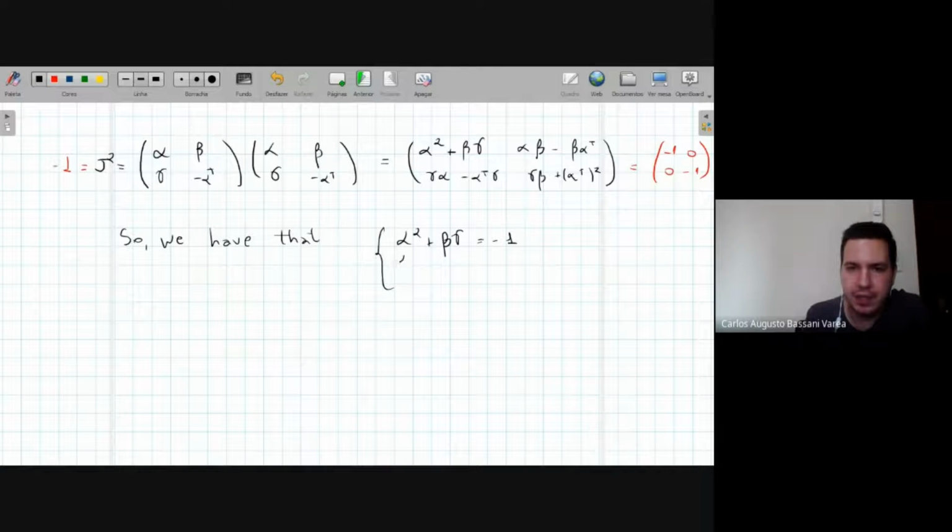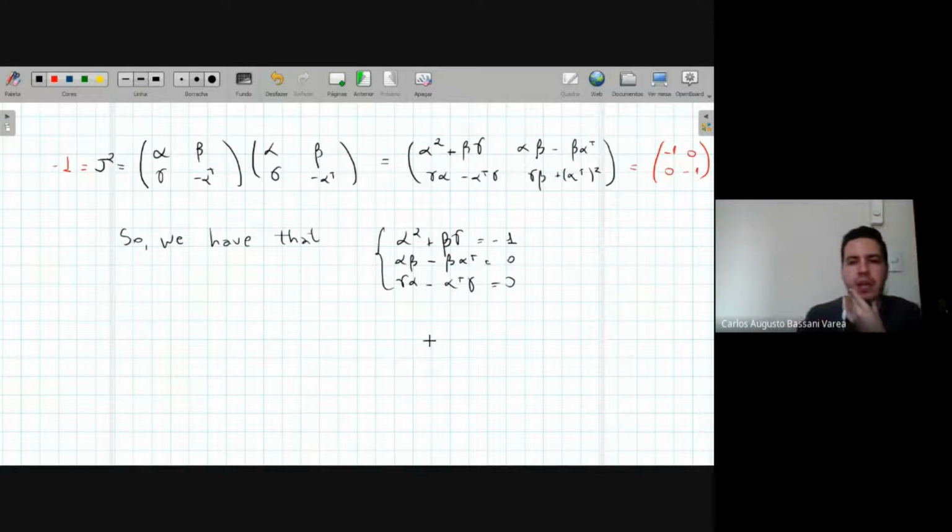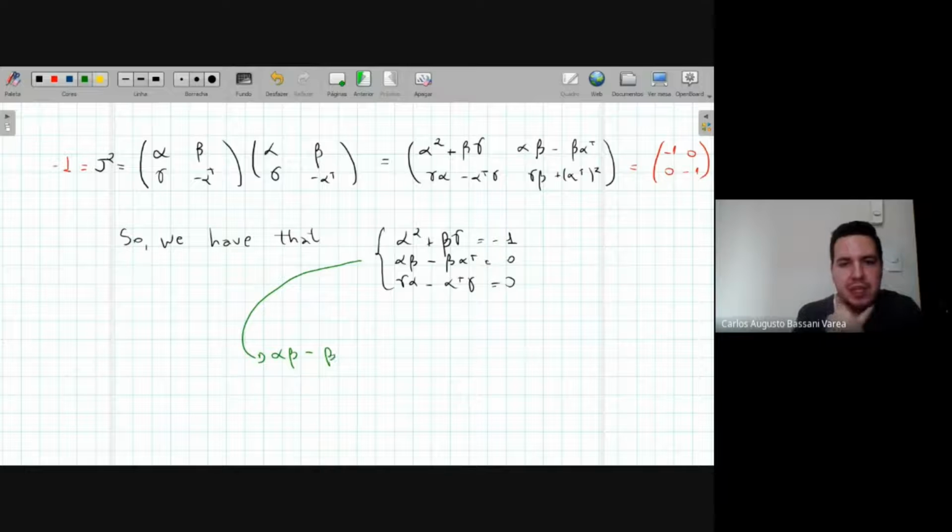Alpha beta minus beta alpha transposed is equal to 0, and gamma alpha minus alpha transposed gamma is equal to 0. If you look at the second expression, alpha beta minus beta alpha transposed equals 0.